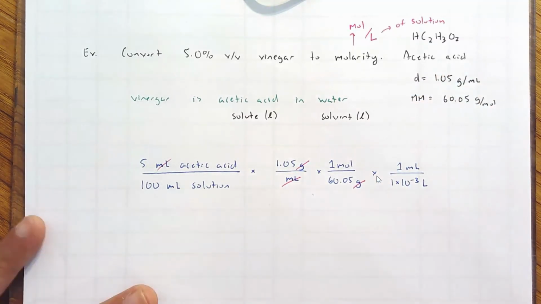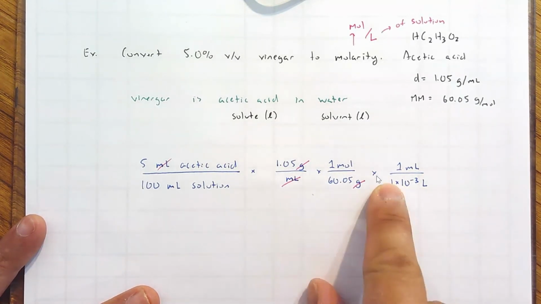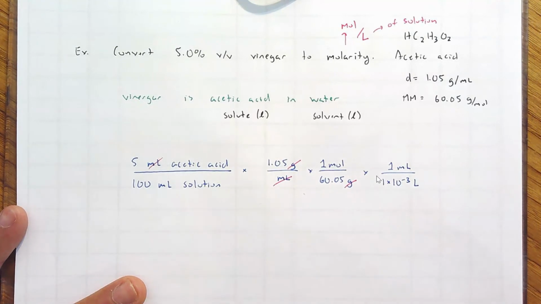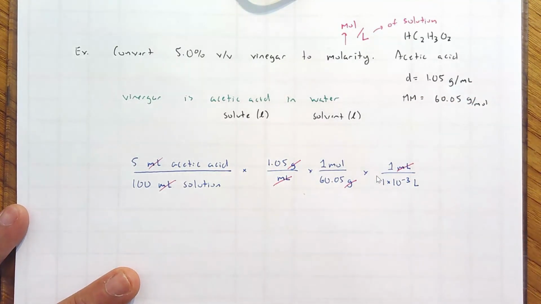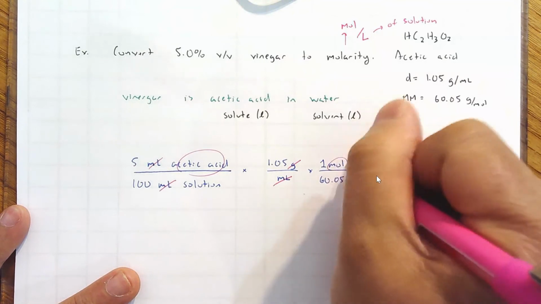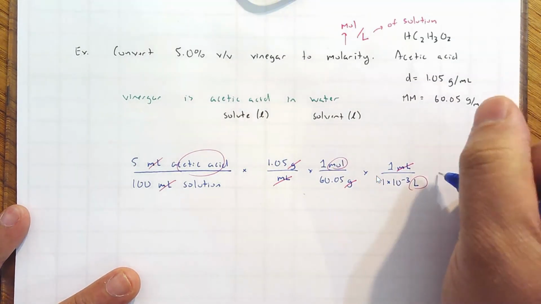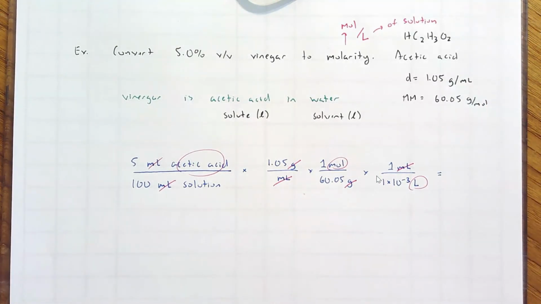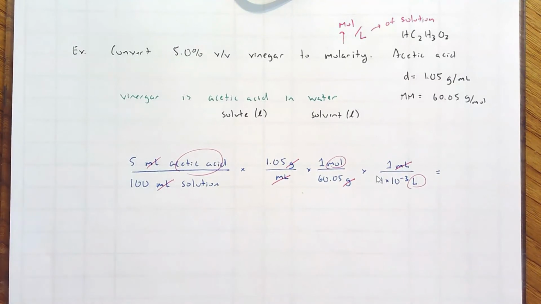I know most are going to say 1,000 milliliters equals 1 liter. It's the same ratio, so it would work as well. But what do I accomplish in this case? The milliliters cancel out. Look at what is left over. Acetic acid, moles per liter. That's what we need. So you could do this all in one row of dimensional analysis.